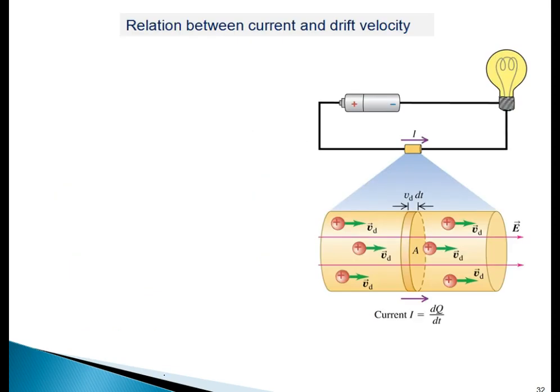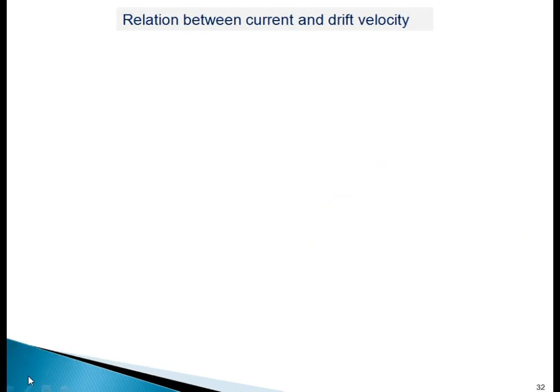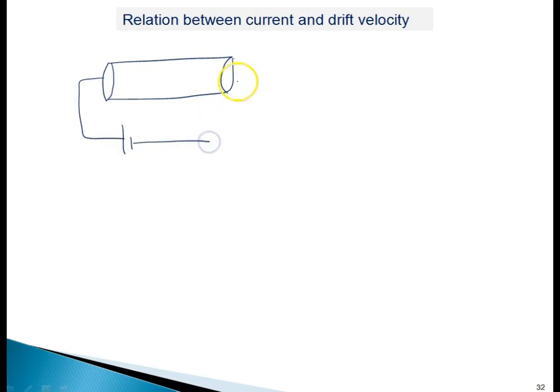The relation between current and drift velocity. Suppose I again assume the same situation. This is a cylindrical conductor and it is connected to a supply, because when a supply is there, definitely drift velocity will be there. So we directly connect it without any key. And I say A is the area of cross section.